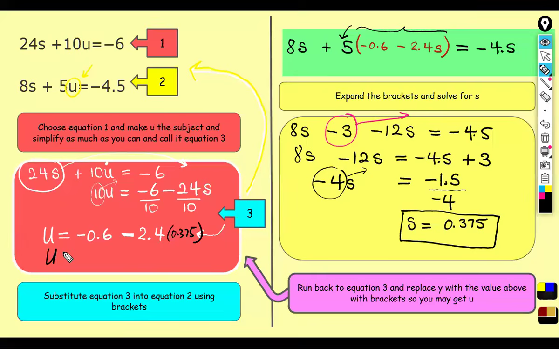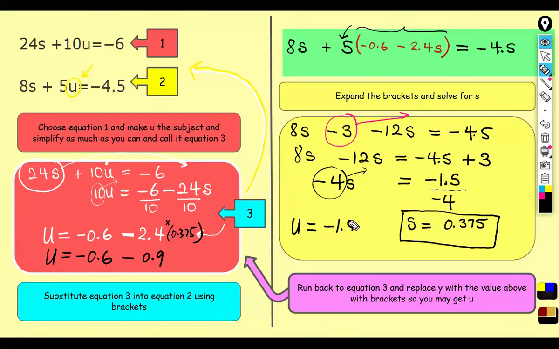And in brackets, put 0.375. So u is equal to minus 0.6. Let's multiply 2.4 by 0.375. And I'm getting minus 0.9. So how much is minus 0.6 minus 0.9?